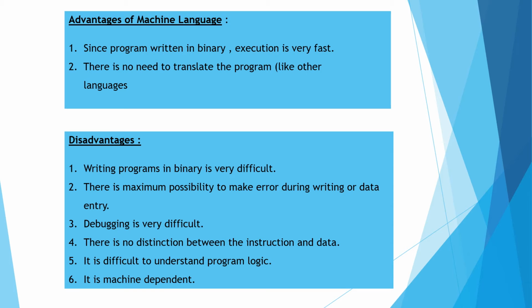There is no distinction between the instructions and data because everything is a combination of zeros and ones, so it becomes difficult to understand the program logic also. And one more disadvantage is that as it is machine dependent, as the machine changes, the same program is not going to execute on different machines. So this is also a disadvantage of machine language.